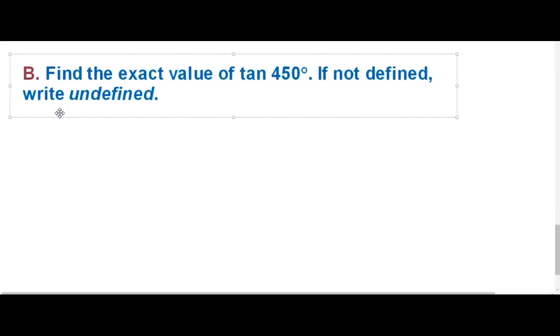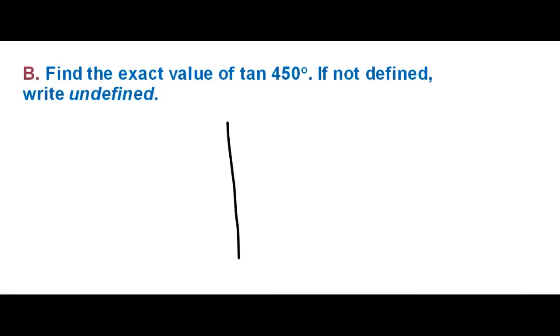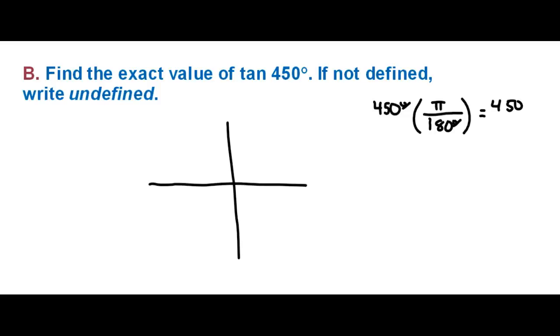Now let's look at finding the value of tangent of 450 degrees. Notice now we're going to have to think of what that would be in terms of pi. So remember, 450 degrees, if we're going to convert that into pi, is going to be pi radians over 180 degrees. So essentially 450 pi over 180.